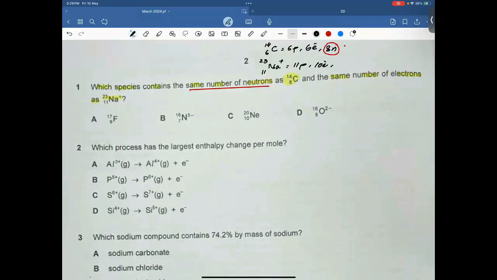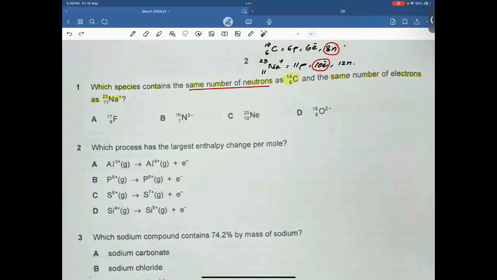And then 23 minus 11 becomes 12 neutrons. Okay. So I'm looking for 10 electrons. So the species containing 10 electrons and 8 neutrons would be the right answer for me.